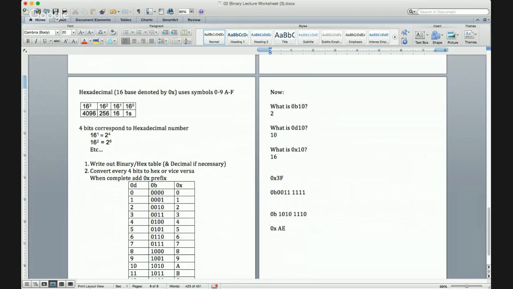Well, convert that. Okay? What if you were converting this to binary? Converting this to binary, that 1, what is a 1? 0001. What is 0? 0000, right? Every hexadecimal digit corresponds to 4 binary bits. What is this value?